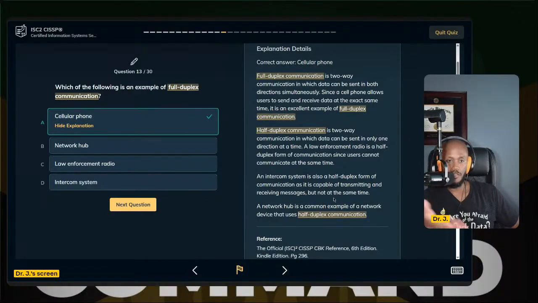I know a cell phone is full duplex. A walkie-talkie, law enforcement radio, is half duplex because you have to hold the receiver to send your voice back and forth. I just don't understand network hub. Remember, a network hub is a repeater. It's not a switch. Okay, because it broadcasts one way. Gotcha.